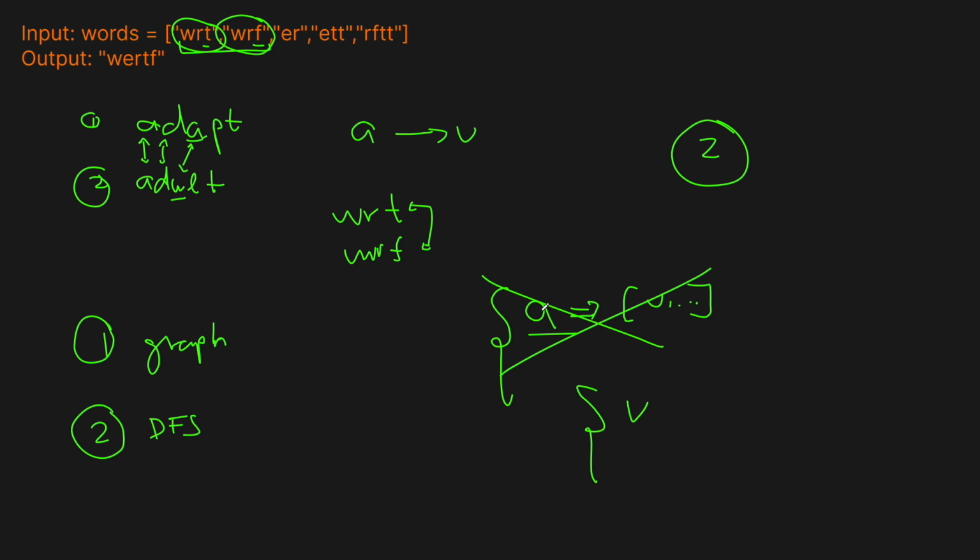Instead of storing for A that U comes after it, we store all of the characters that come before that second character. So for U, we store that A comes before it. That way, when we do our topological sort DFS, we get the correct order, and it saves us having to reverse our result string in the end.